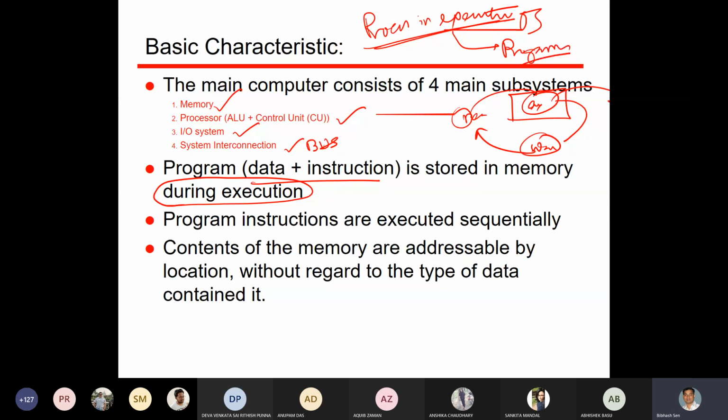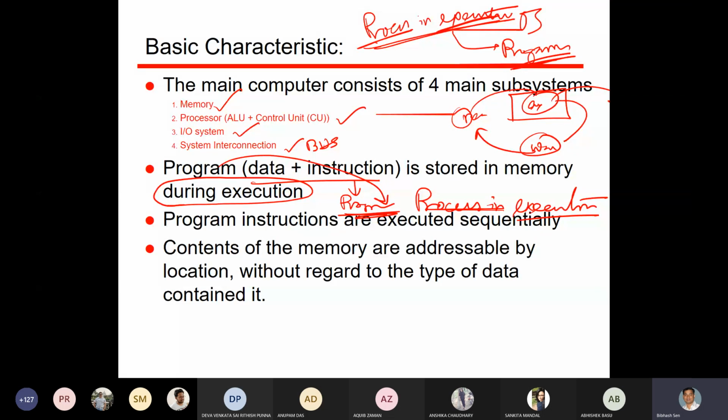Am I correct in this definition? What is a program? Any process in execution mode we call a program. So whatever I have written, data and instruction, sometimes we can write as a program. So a program is a process in execution.